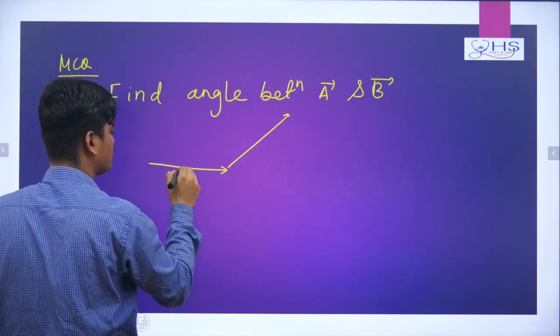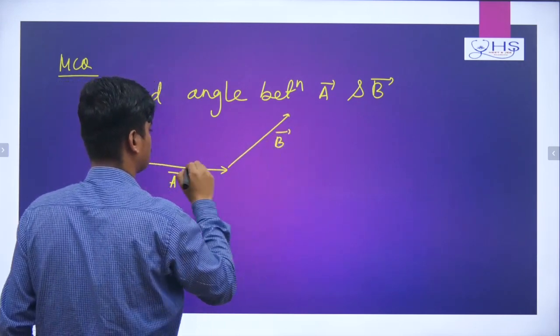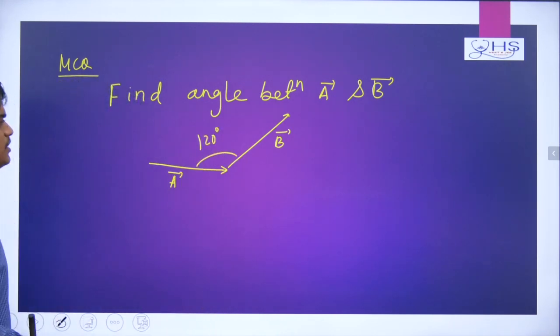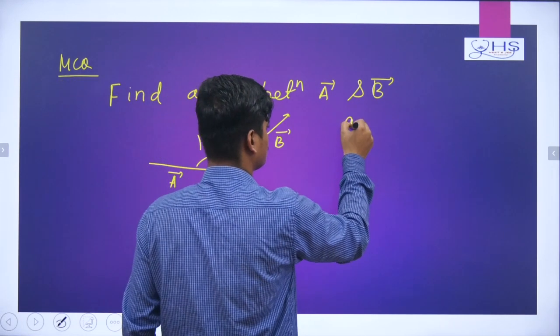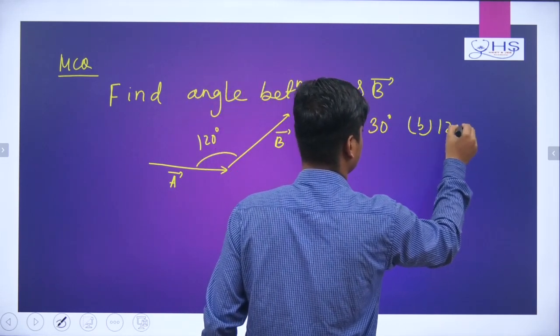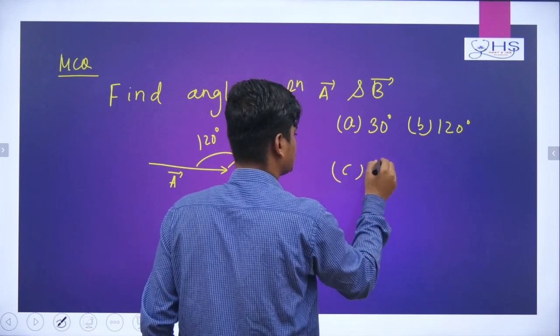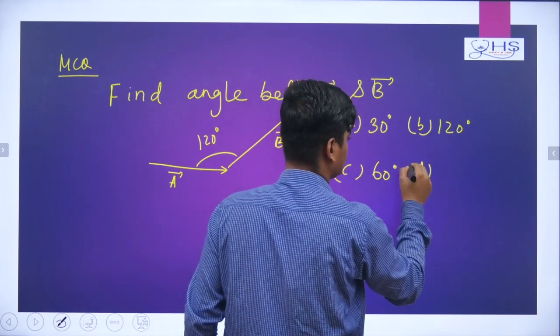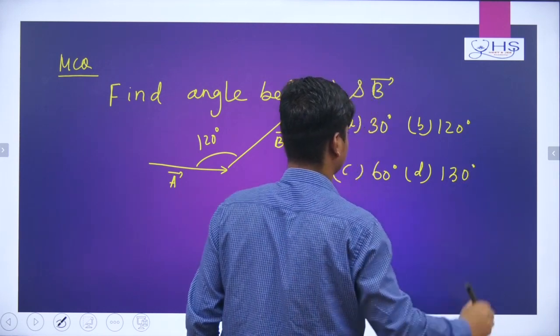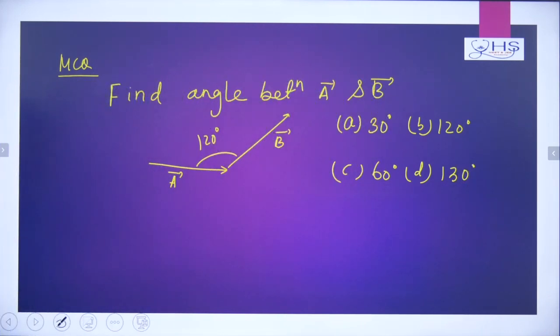This is your a vector, this is your b vector. This is your 120 degree. Now the options: option A is 30, option B 120, option C 60, option D 130 degree.